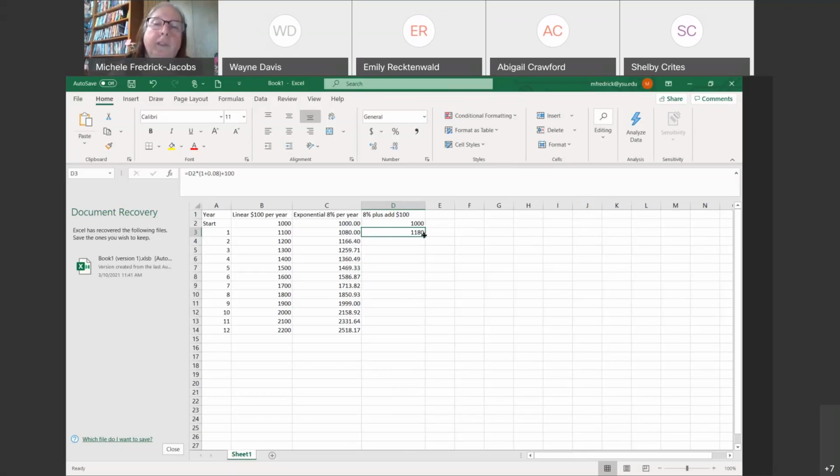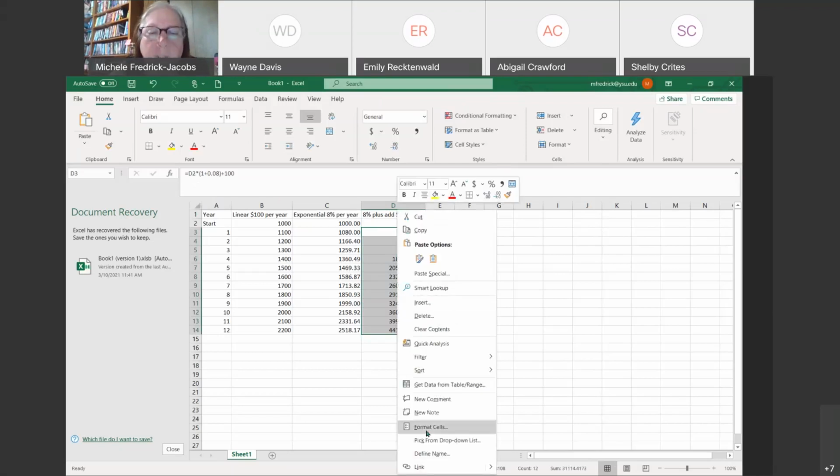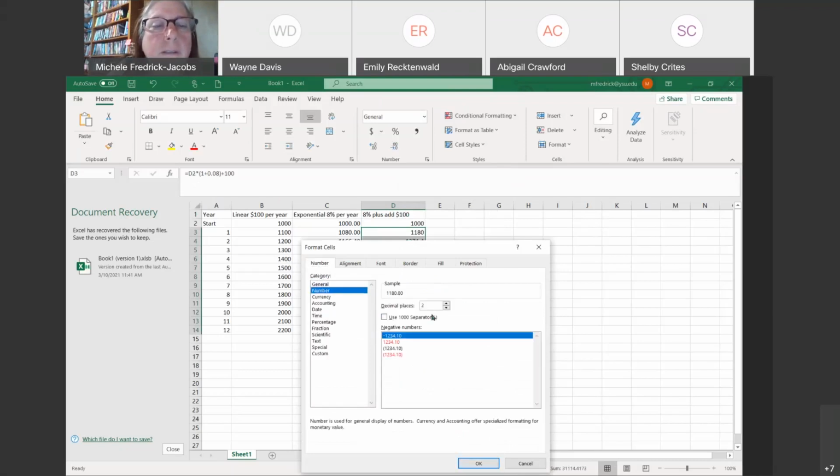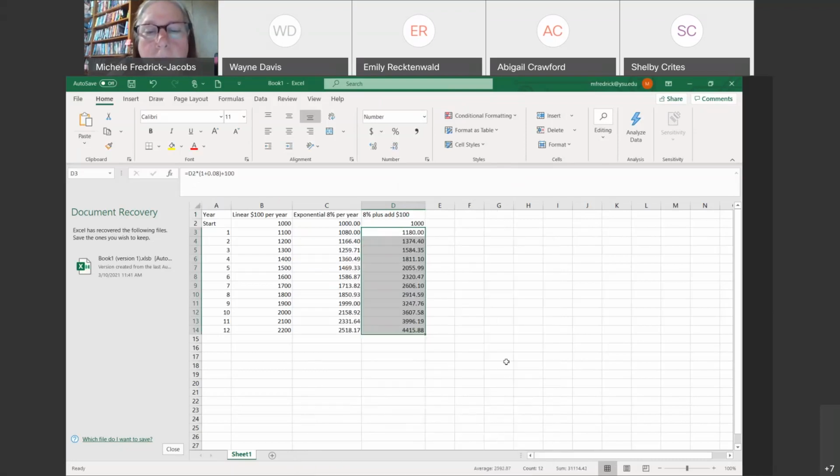You can go in the corner, drag it down, make this a percent, or 2 decimal places, because it's money. Any questions?